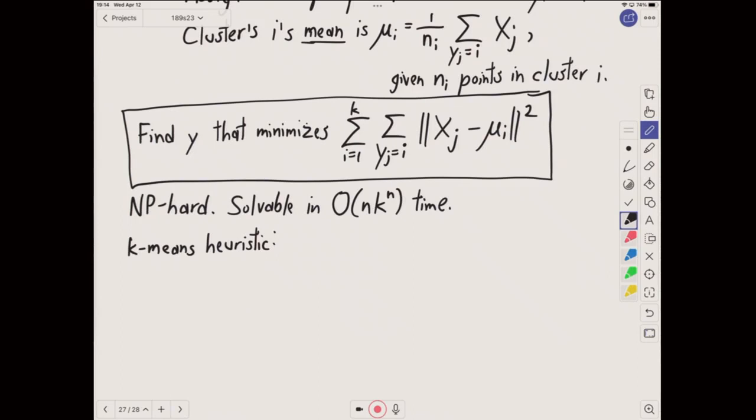So the idea here is we're going to alternate between solving two different simpler, easier optimization problems. Optimization problem number 1 is we are going to fix all the y_j's, meaning for the moment, I'm not allowed to change the cluster assignments of my sample points.